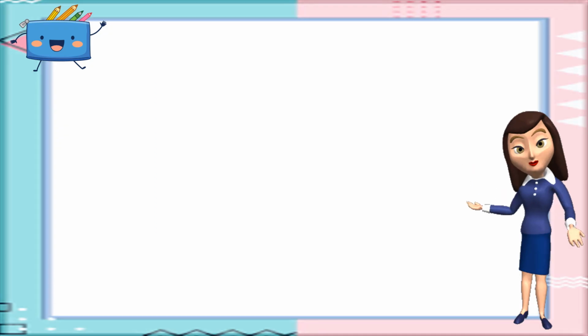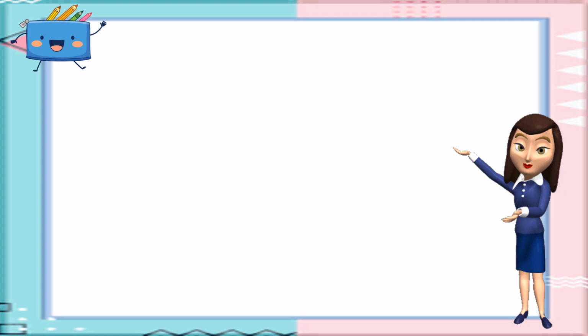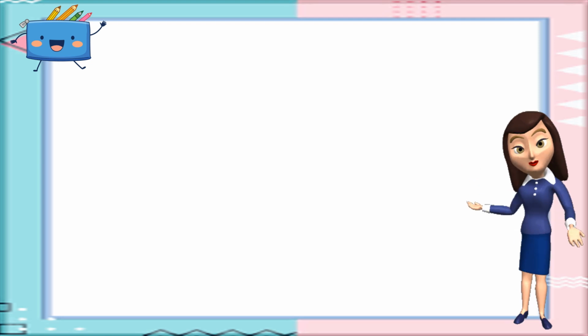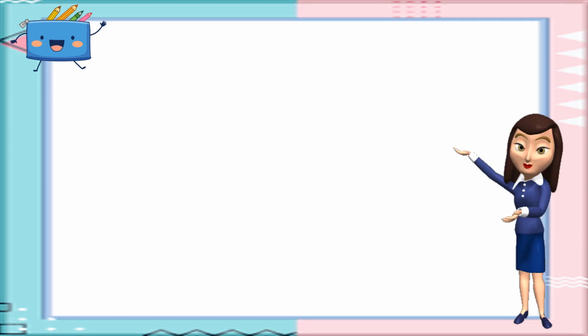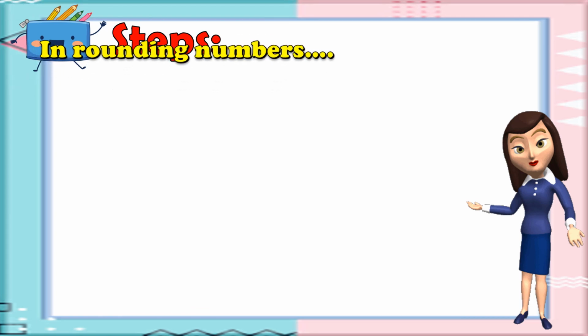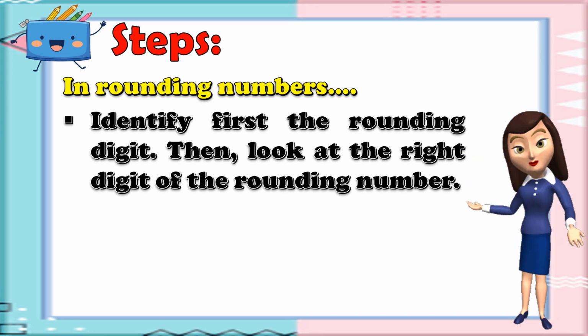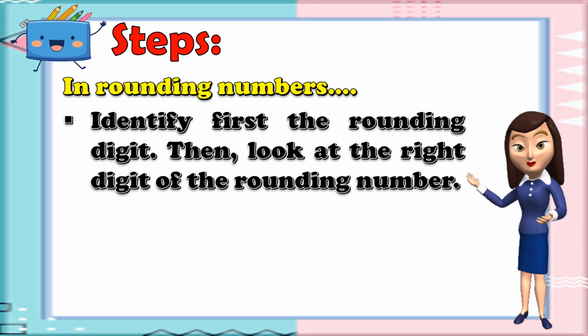Bukod sa paggamit o pag-draw ng number line, there's another way para makapag-estimate or makapag-round off tayo ng number. Sundin lamang ang steps na ito. So, in rounding numbers, identify first the rounding digit. Then, look at the right digit of the rounding number.